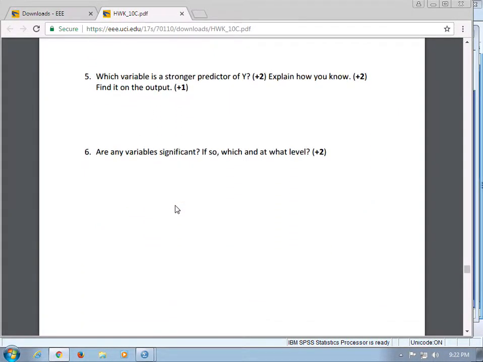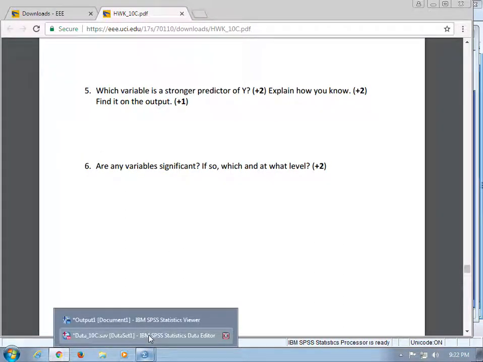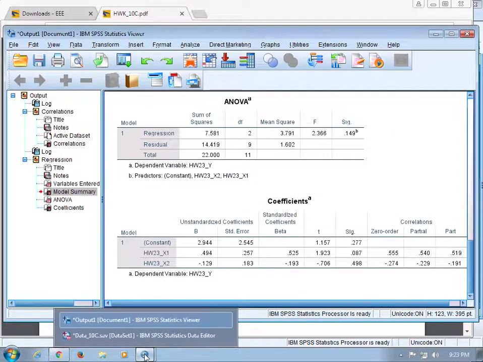But yeah, the variable that's a stronger predictor of y will have the higher absolute value of the zero order correlation with y. So looking back here, this one's zero order correlation is 0.555, this one is 0.274. So x1 is a better predictor of y, is a stronger predictor of y.